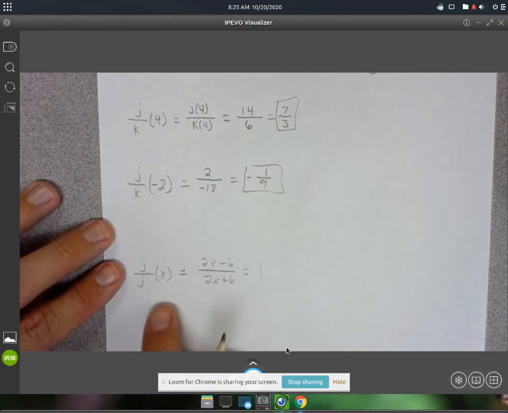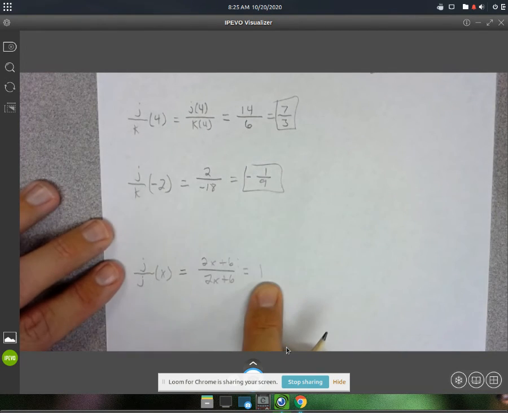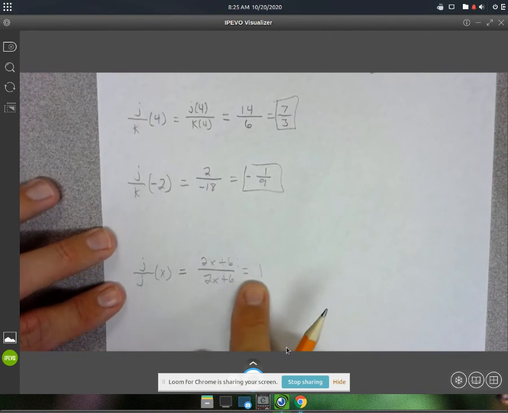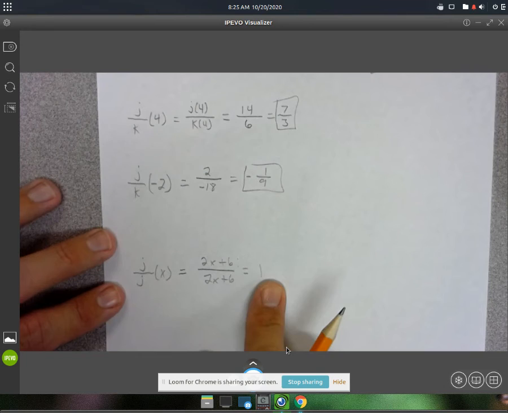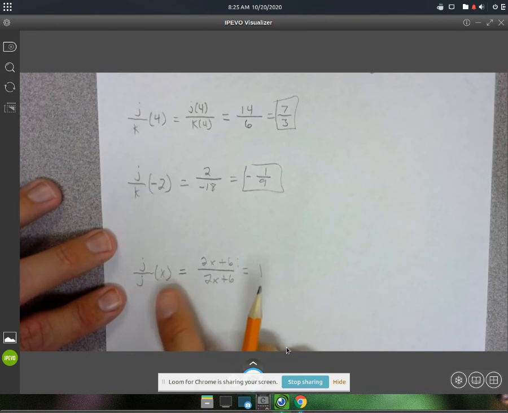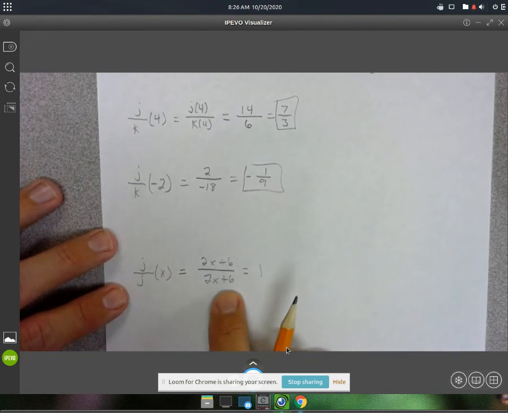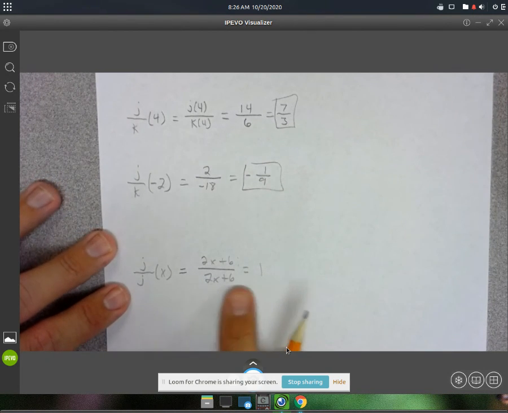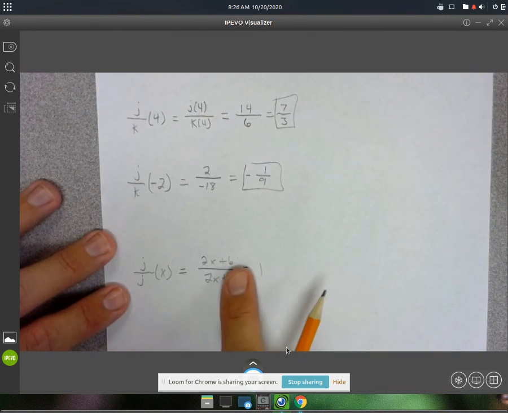All right, so no matter what value you plug in for x here, you will always get 1. I actually need to put that in quotations. You will almost always get 1. The only value you're not allowed to plug in for x would be negative 3. Negative 3 is the only number you cannot plug in for x. All right, it's a domain issue. You don't have to worry about that right now. But basically, this will always equal 1, all right, because you're dividing it by itself.